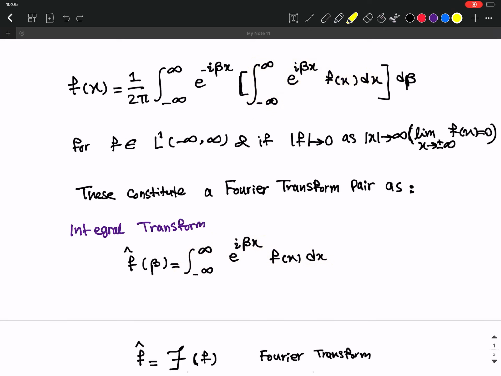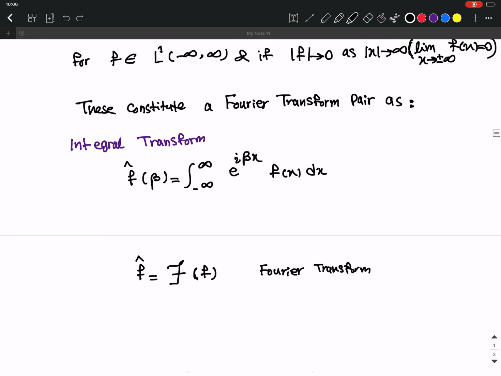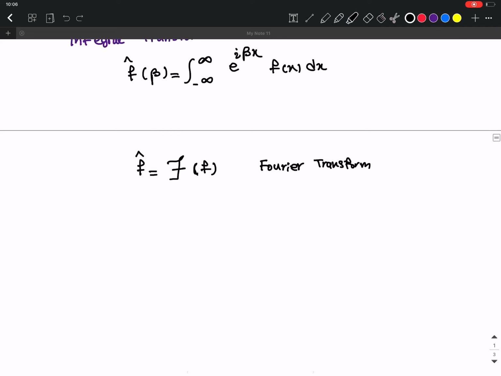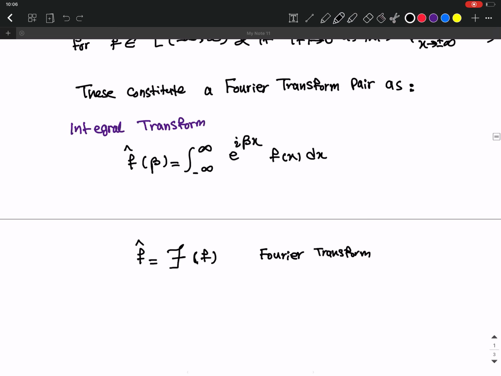Okay, so this is this part which we call integral transform, and what it does is f hat of beta is just a representation of f(x) in frequency space. We call this frequency space.